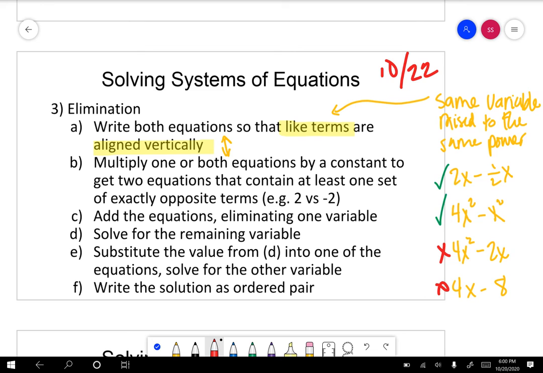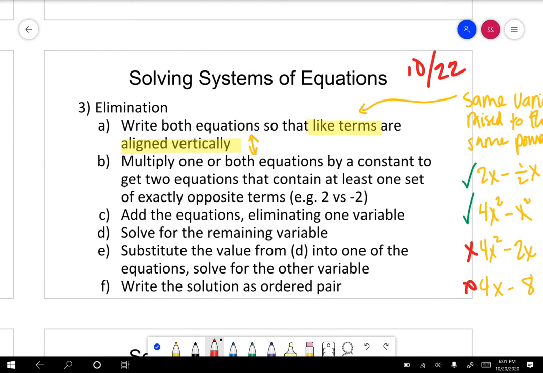Once you have aligned your like terms vertically, I could draw you a quick example of that. Just in general, we're going to have some x number plus or minus some y number, and maybe it's the other order, y plus or minus x, that's fine, equals some number. Okay, for one equation. Your second equation, you'll line up the exact same. Now, obviously, you probably have numbers in your equation. I'm just doing this generally.